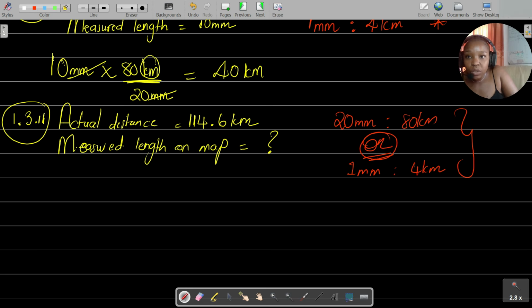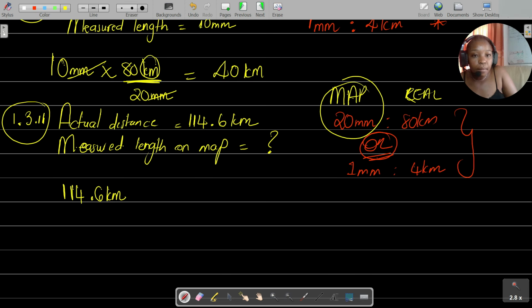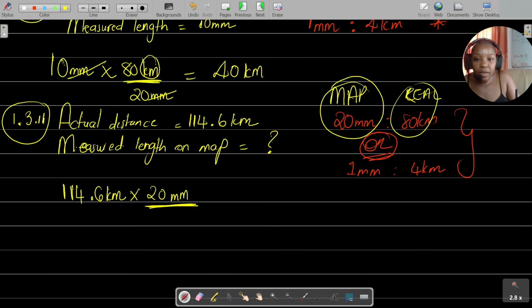So then all that we need to do is take that 114.6 kilometers and multiply by what we want. We want the measured length on the map, so you're going to multiply by 20 millimeters divided by that other value, 80 kilometers. You'll see kilometers will cancel.